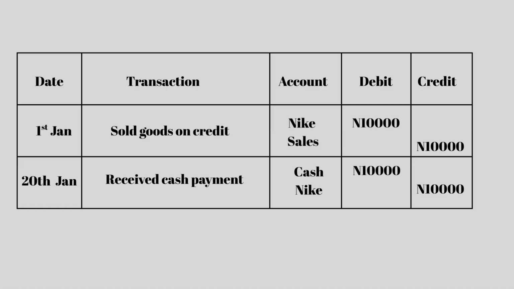Because remember, the debit side is the receiver side. So now our cash account would increase with 10,000 naira, meaning we are receiving cash. While Nike's account would be credited with 10,000 naira. Why? She's giving us cash. She has received the benefit earlier in January, 1st of January. Now on the 20th of January, she's returning the favor. She's giving us our 10,000 naira back.